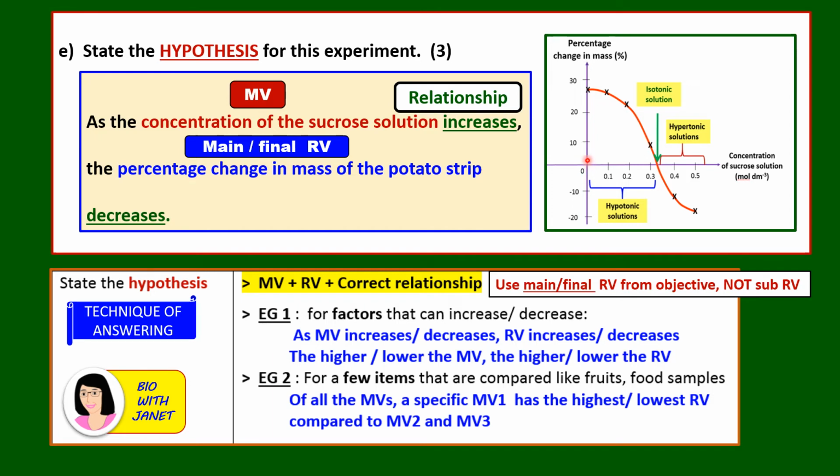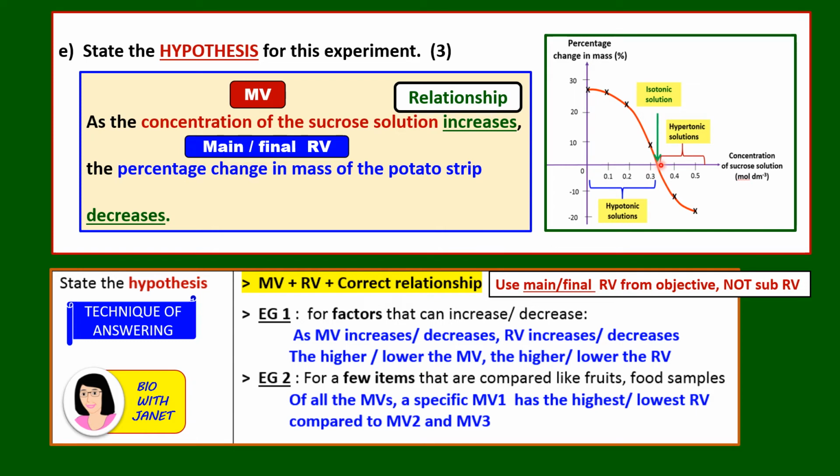So let's look at the percentage change in mass. As the concentration of the sucrose solution increases from 0 to 0.5, you can see that the graph goes downwards, right? So that means the percentage change in mass decreases from, say, positive 27% for distilled water, dropping down to 0% for the isotonic solution, right?